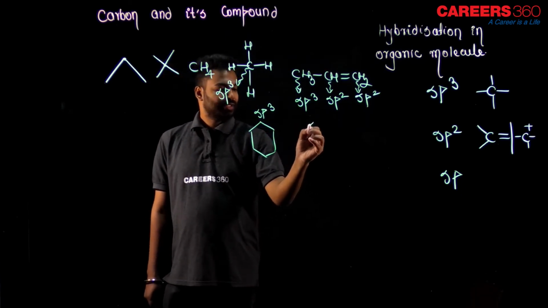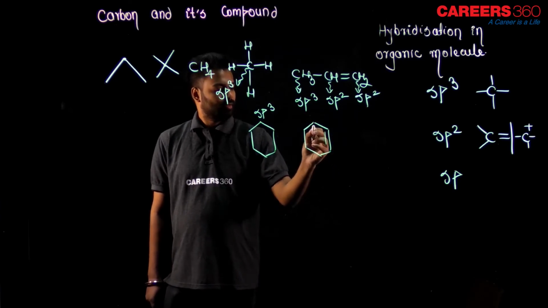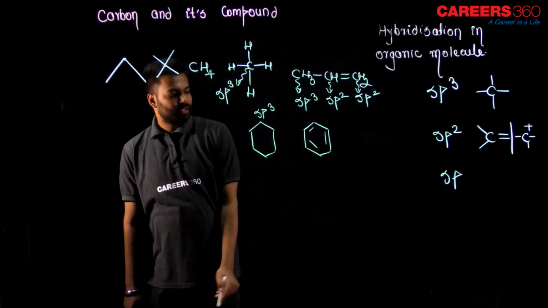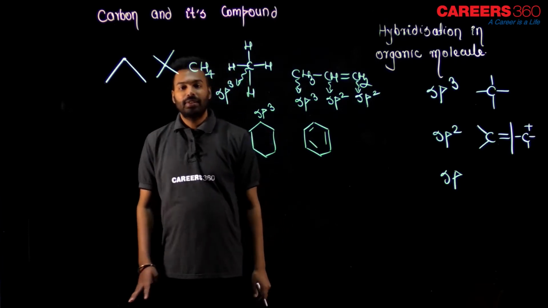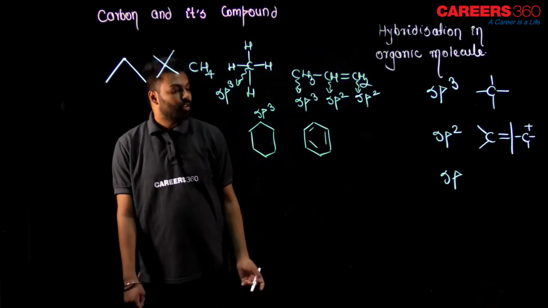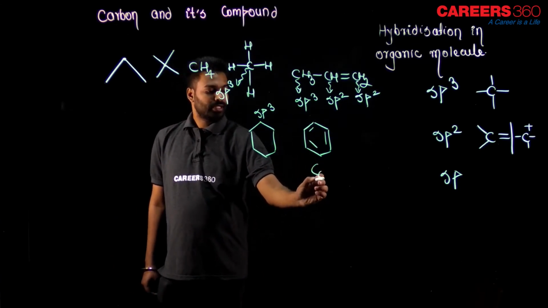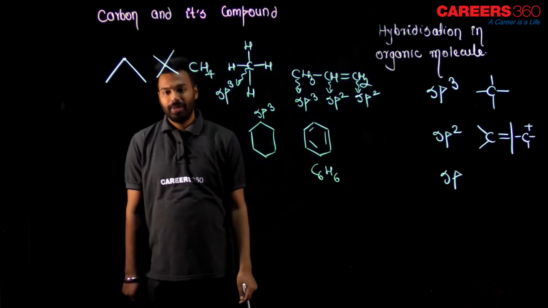Okay, let us draw the next structure. This one is known as benzene, organic benzene. Dear students, there are two types of benzene, one organic and the other inorganic. This is C6H6, organic benzene.